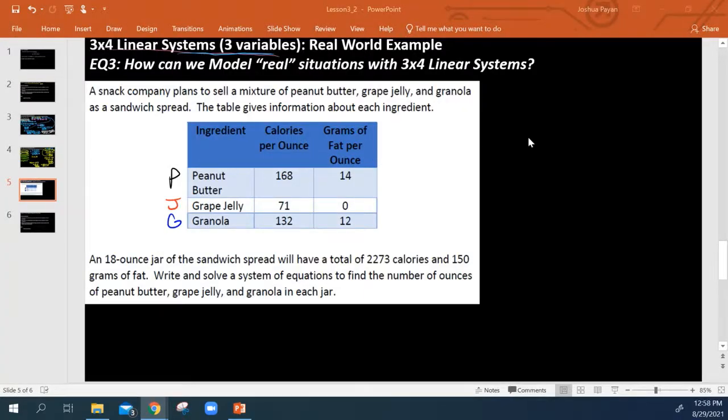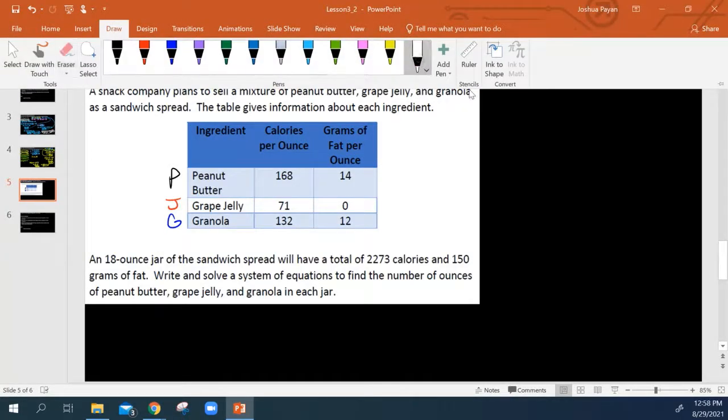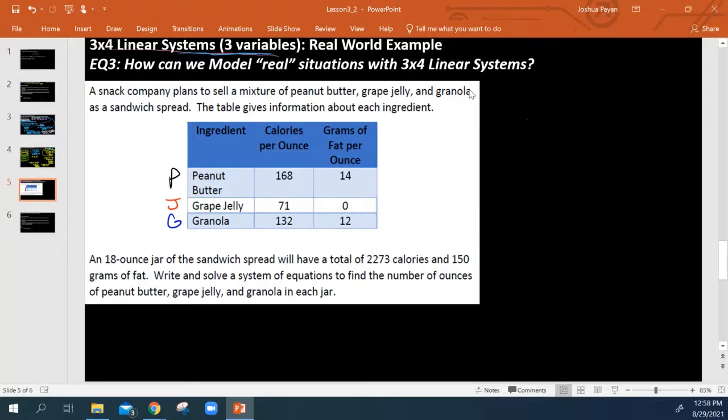Okay, I think I've got it figured out. So the way that this is going to work is, the calories are going to come from this column here. So that would be 168 calories from peanut butter plus 71 from jelly plus 132 from granola.